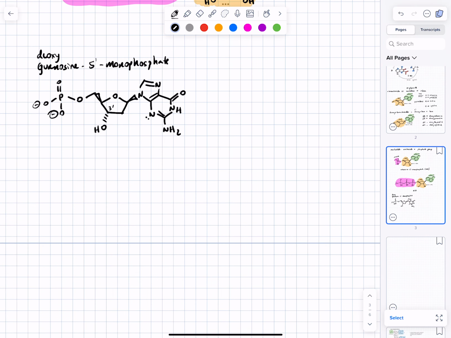And the way nature will do this is it will use a nucleotide triphosphate as the electrophile. And it will use the 3' OH group of another nucleotide as the nucleophile. Okay, so lone pairs on that oxygen are going to be important.